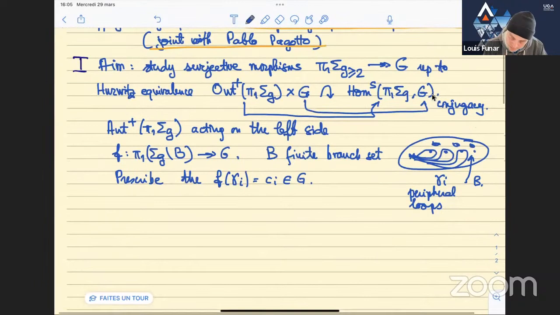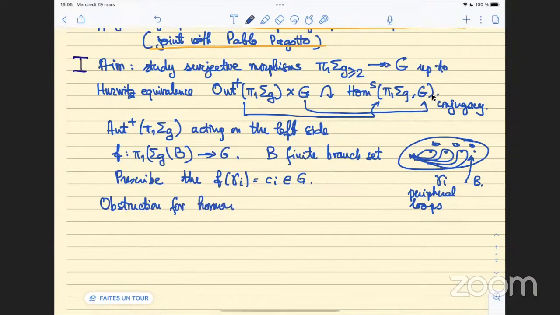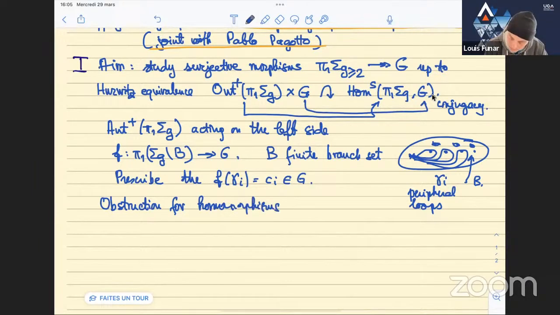So what we saw last time is that there is an obvious homological obstruction for homomorphisms being equivalent.